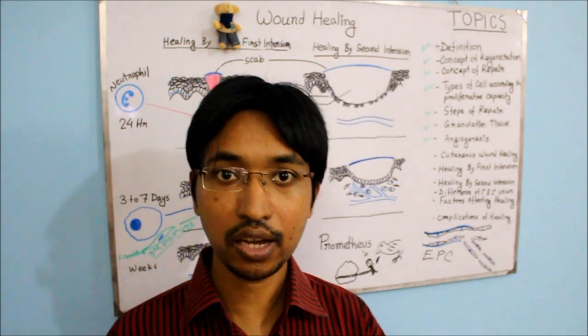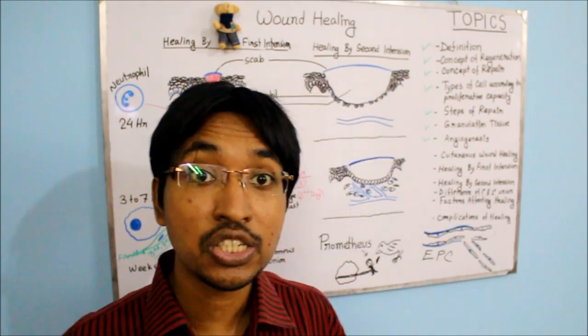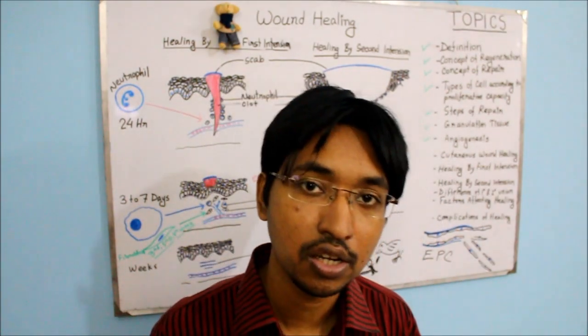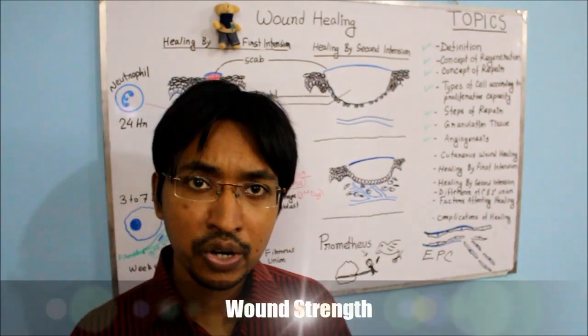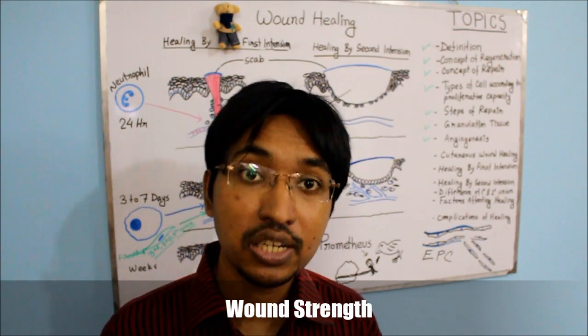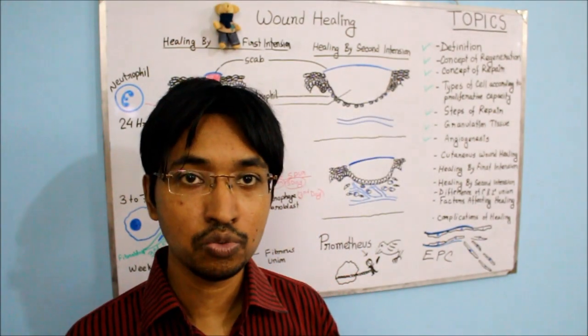The last thing that I will discuss regarding healing by first intention is the strength of the wound site after it has been healed. So the fibrillar collagen, particularly the type 1 collagen, is the key molecule to provide the strength of the wound.